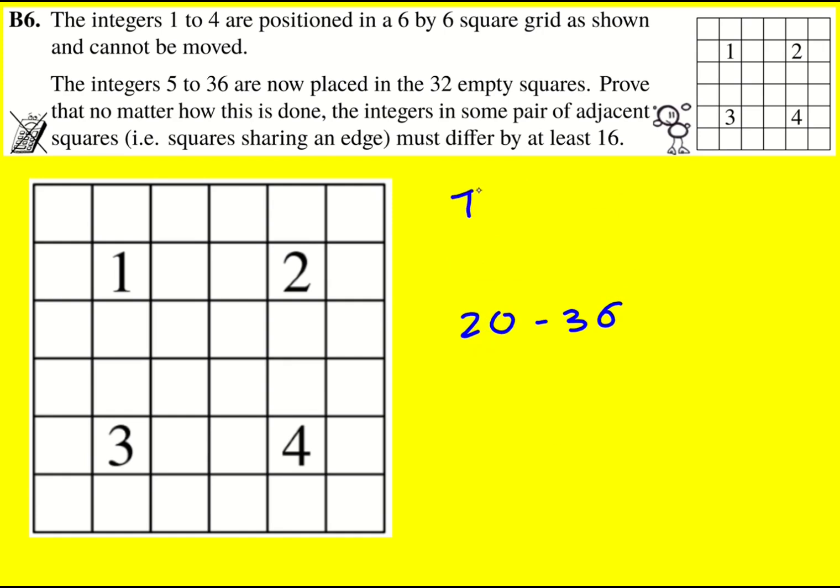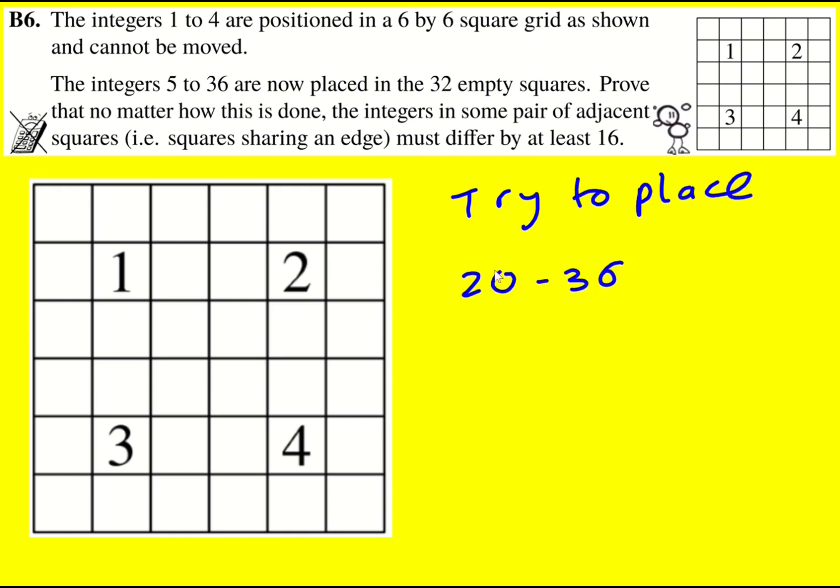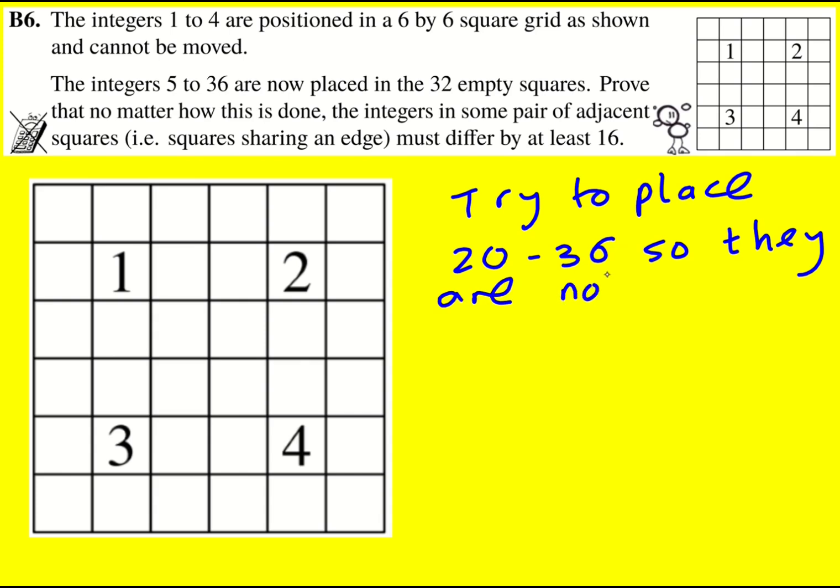Try to place 20 to 36 so they are not adjacent to 1 to 4.